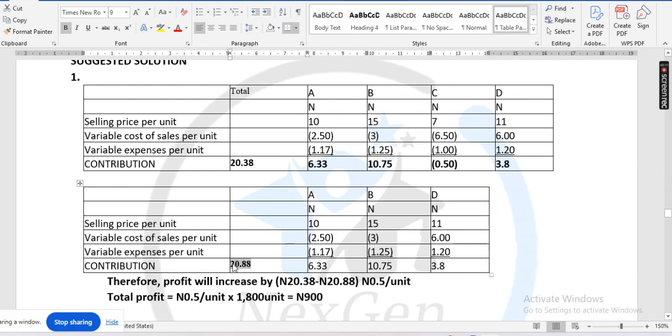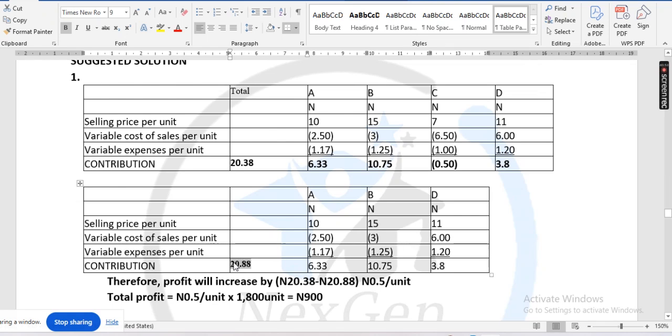So the contribution will increase by the amount of product C that you discontinued. There are two ways to see this. My profit will increase based on the product C that I discontinued, because product C here is negative. That is why the profit decreased to this, and when you remove it, the profit or the contribution increases.